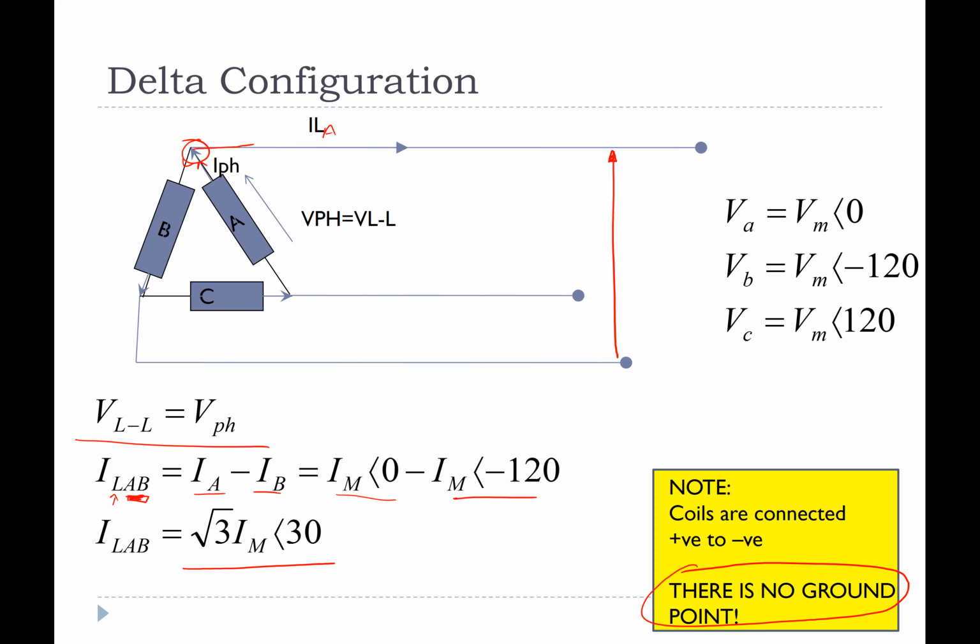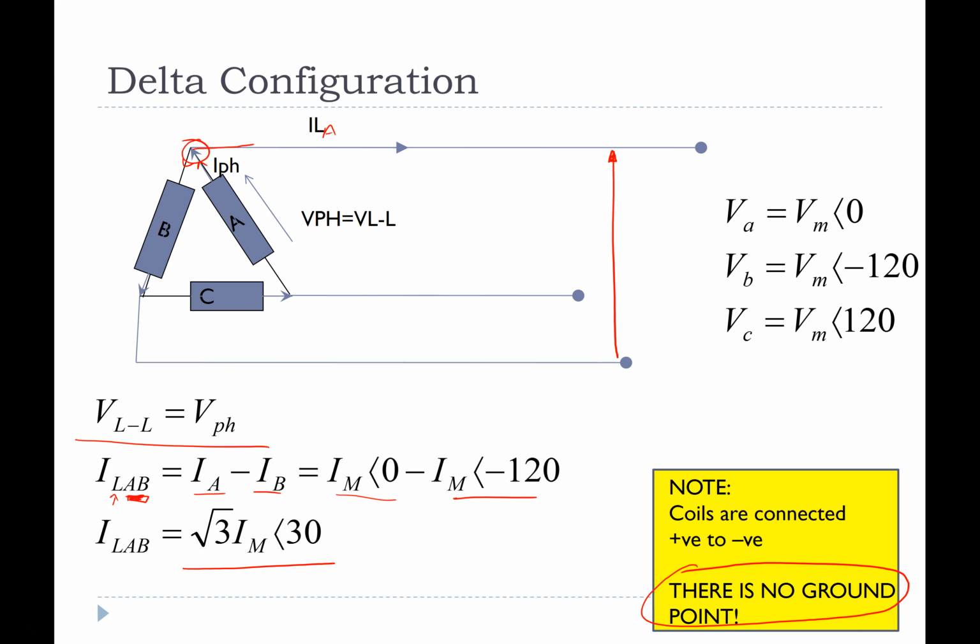Good. So let's look now at what happens when we connect delta systems to Y systems and vice versa. First we're going to look at a simple case where we have Y and Y, so we can understand how this changes when we change one of the systems to a delta.